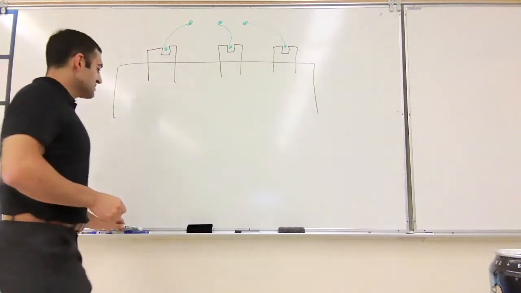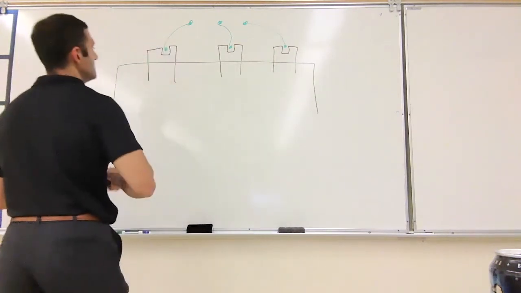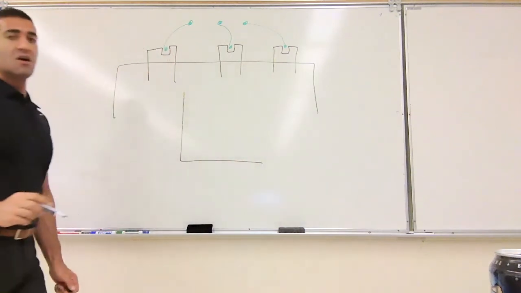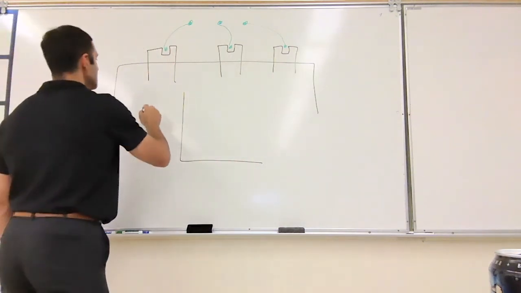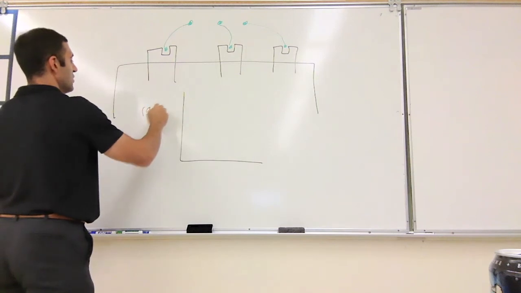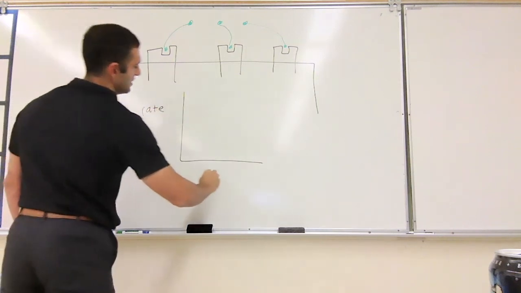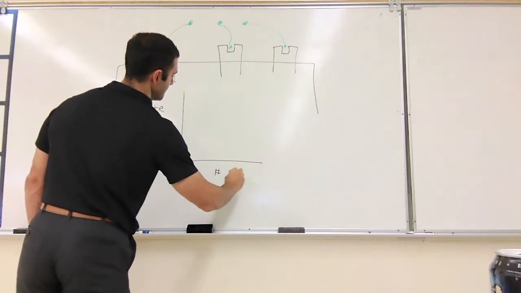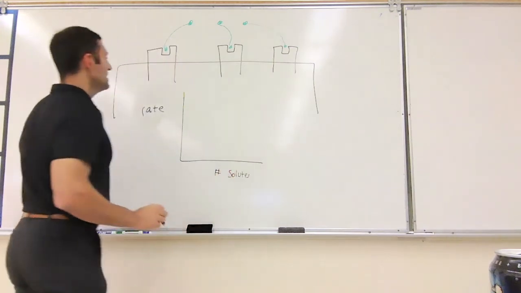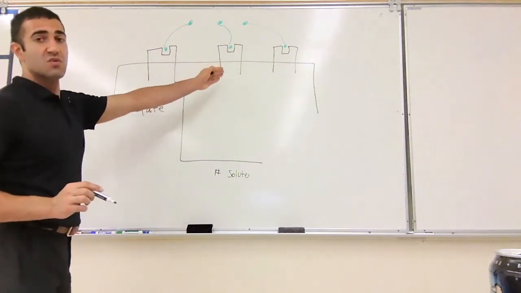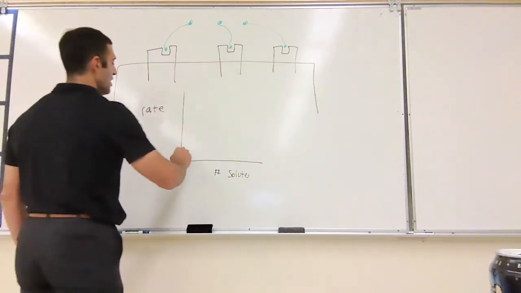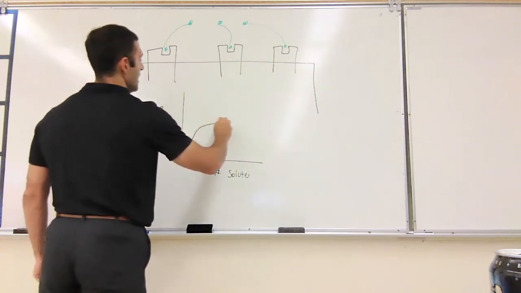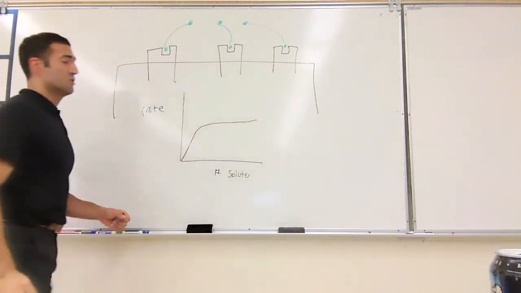So how it looks here, if I were to draw a graph, the rate of the reaction, which I'll put here on the y-axis, versus number of solutes, we see here that if I have 3 transporters, the rate is going to increase really fast until all the transporters are occupied.